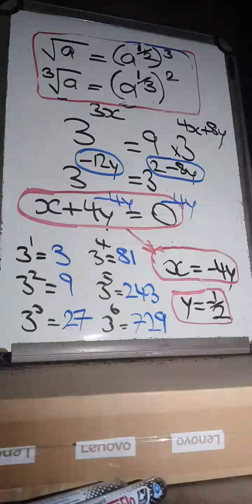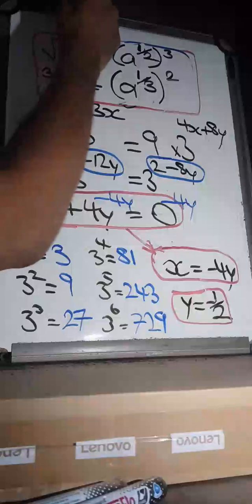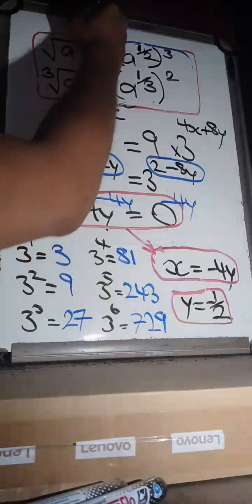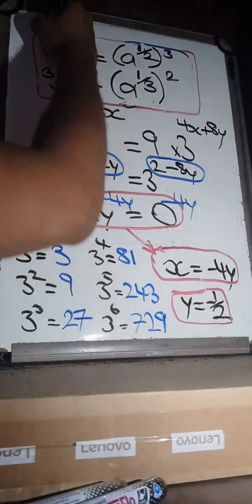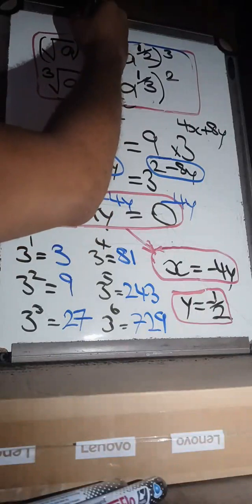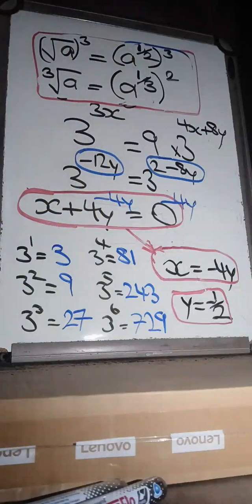Now, mind you, I have to be careful, because that means square root the number first, and then the result of it, you cube it.